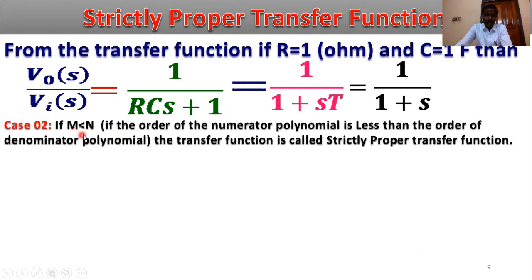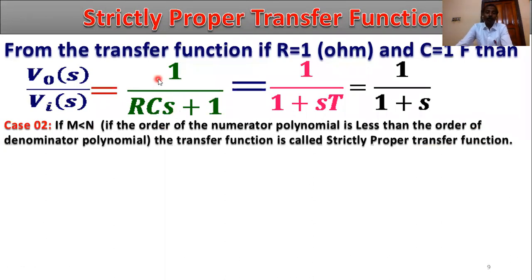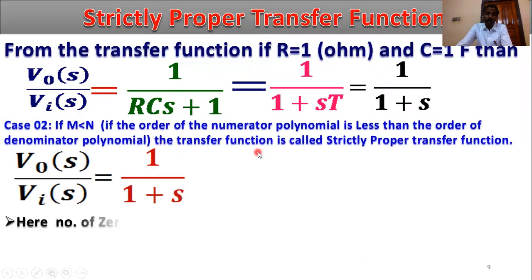In this case, M is less than N, because the numerator power of s is 0 and the denominator power of s is 1, so N is greater than M. If the order of the numerator polynomial is less than the order of the denominator polynomial, the transfer function is called a strictly proper transfer function. So this is a strictly proper transfer function. Then V_0(s) by V_i(s) equals 1 by 1 plus s.